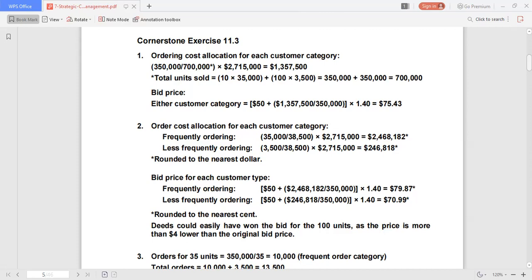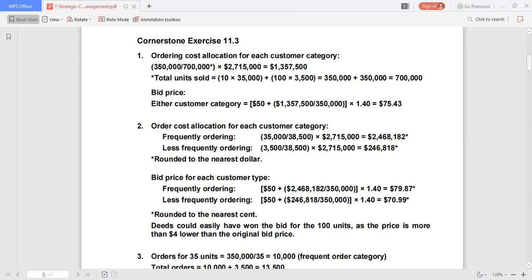Then we multiply this by 2,715,000. This is now your total cost. So we have to allocate 1,357,500 to each category. So for the bid price, for either customer category, you have 50, that's the average unit manufacturing cost.